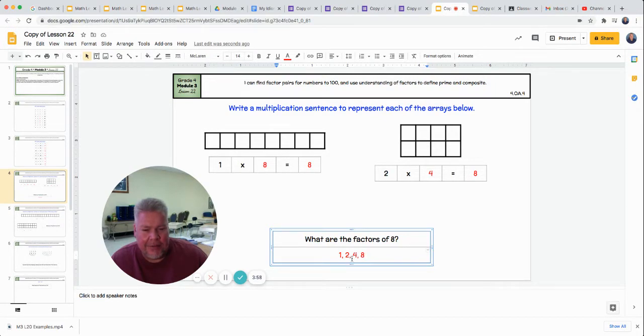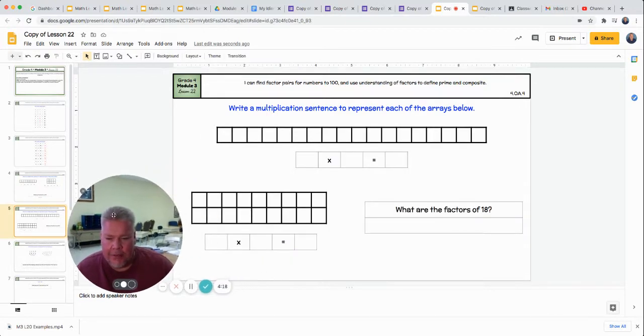Anything in the middle? Is 3 times anything 8? No. So 1, 2, 4, and 8 are the factors. Remember, factors are numbers that you can multiply together to get the number you're looking for, 8.